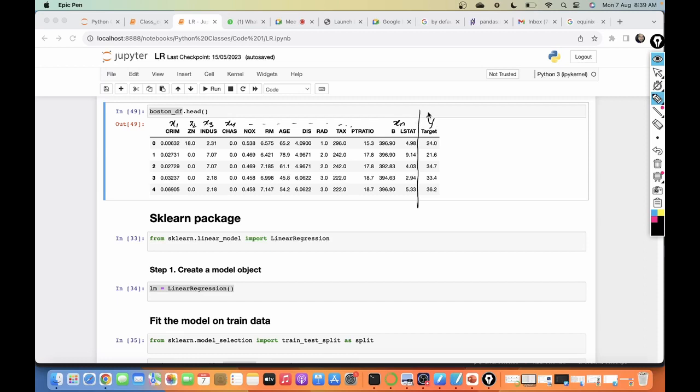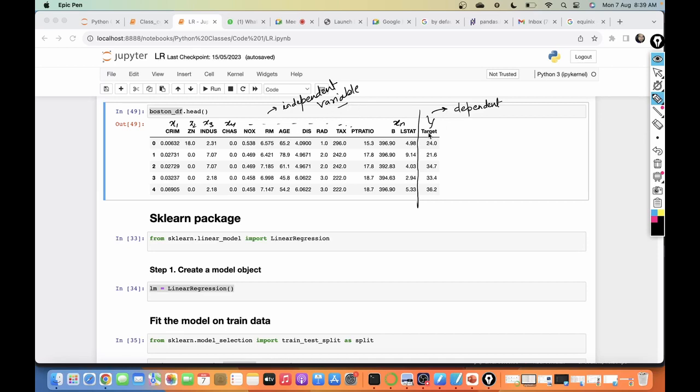And this is our dependent variable. So we say it as dependent variable, and these all are our independent variables.